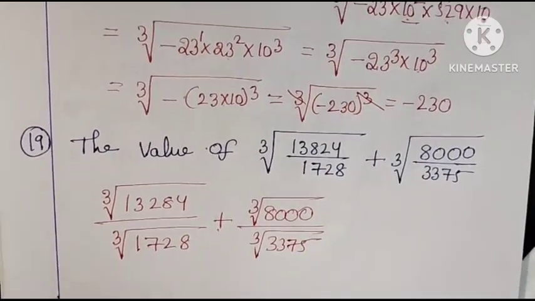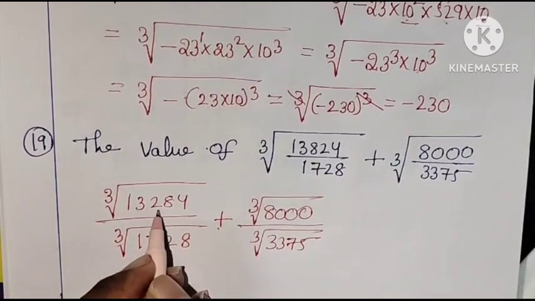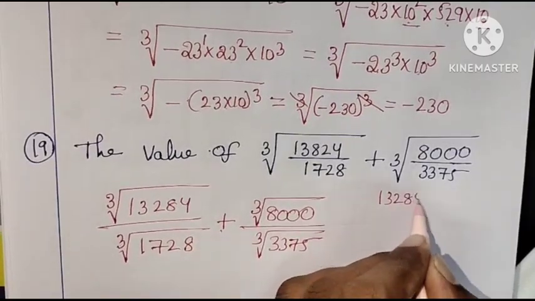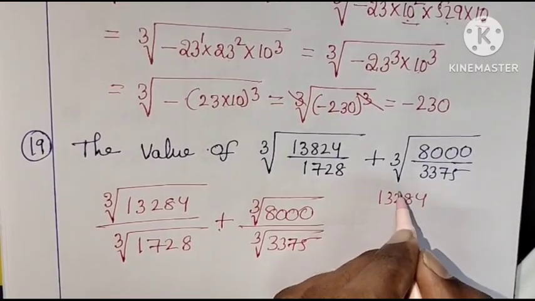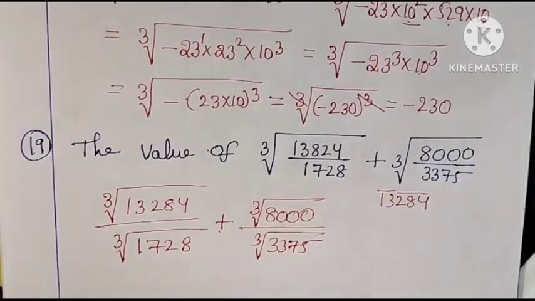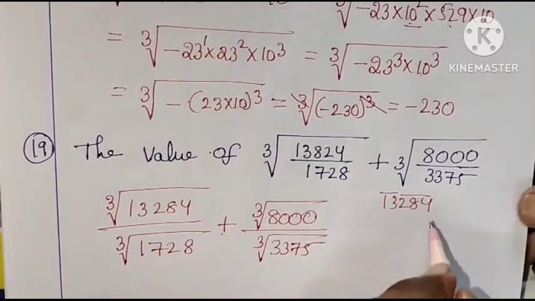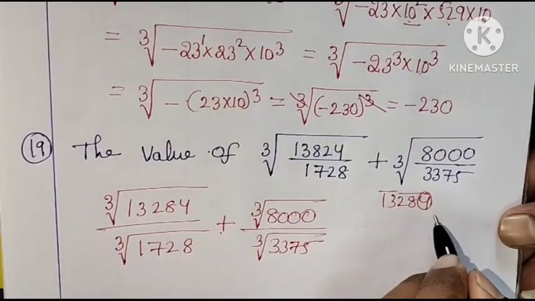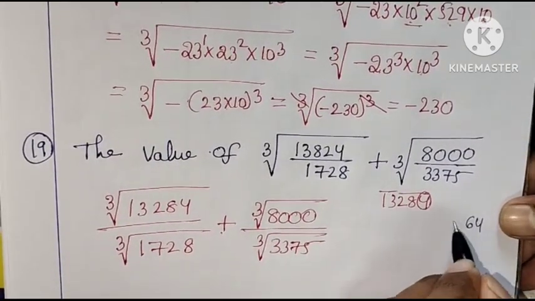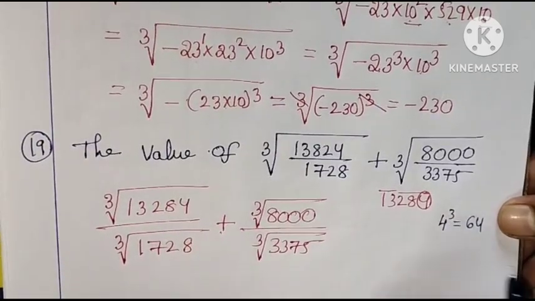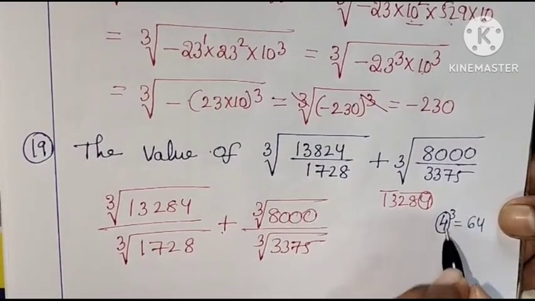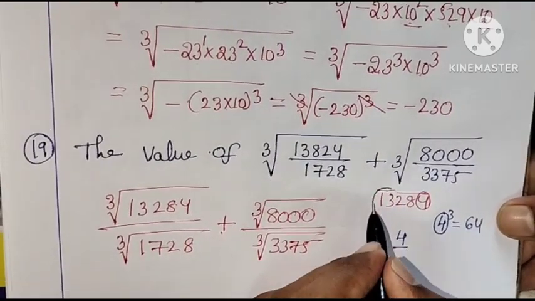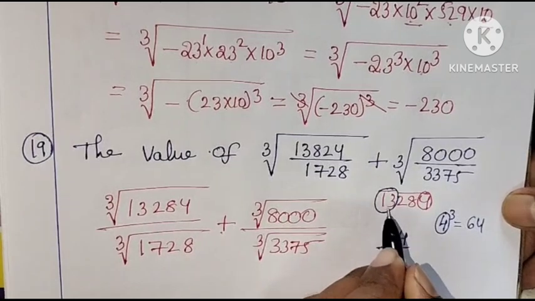So let us find the cube root of 13824. Make a group of 3 digits, group 1, and the last 2 digits, group 2. Unit digit is 4. Which perfect cube number ends with 4? 64. 64 is a cube of 4. So my unit digit is 4. And to get the tens digit, let us consider the second group, 13.